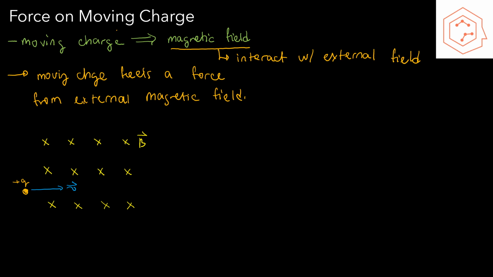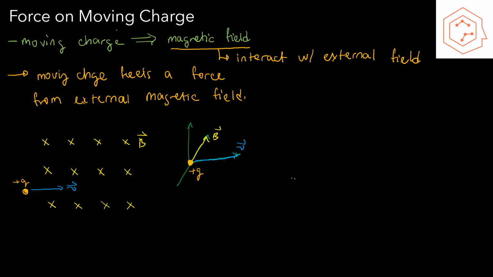We can represent this in a series of 3D axes. So we have our field going inwards like this. We have a velocity of our charge to the right. And we have our positive charge at the origin.